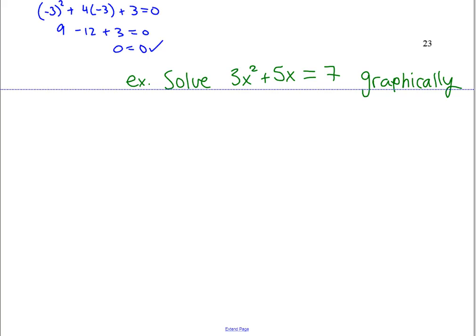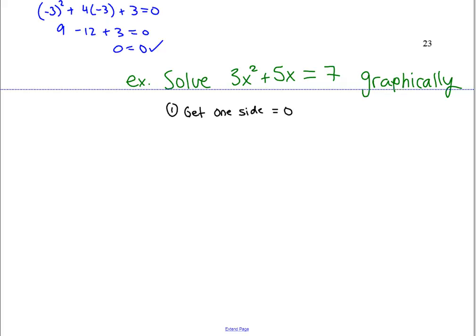If I ask you to solve that graphically, ultimately we want to be looking for the x-intercept. So the first thing we want to do is get one side equal to 0. That's always going to be our first step.